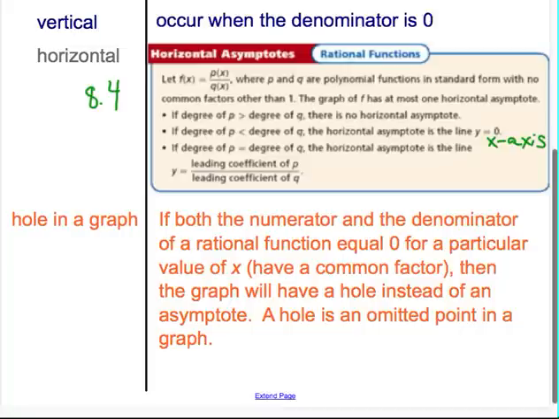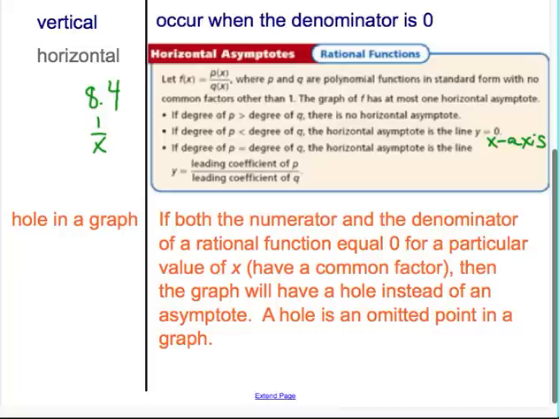And the degree of the parent function in the numerator, remember the parent function was 1 over x, so the degree of the numerator is 0 because there is no variable, and the degree of the denominator is 1. So the degree of the numerator is less, so the x-axis is a horizontal asymptote. And then finally, if the degrees are equal in the numerator and the denominator, the horizontal asymptote is the line y equals the leading coefficient of p over the leading coefficient of q.